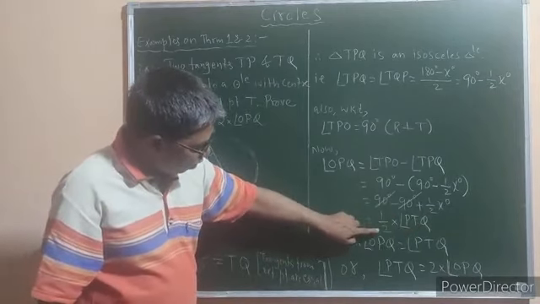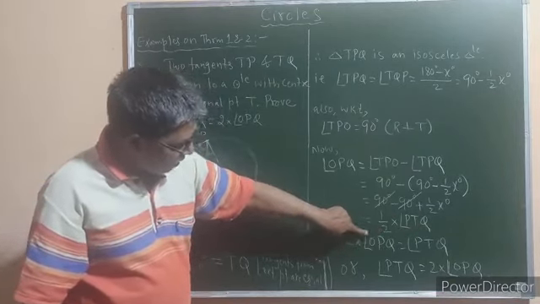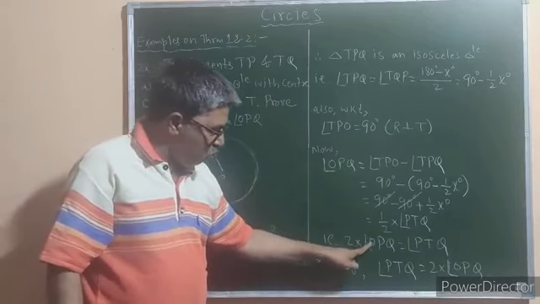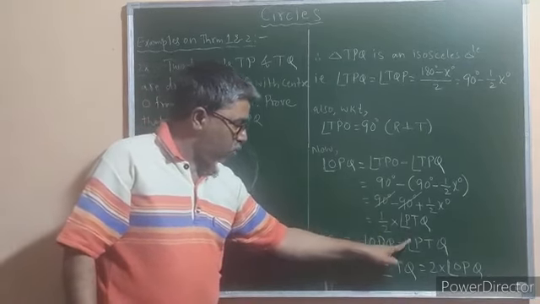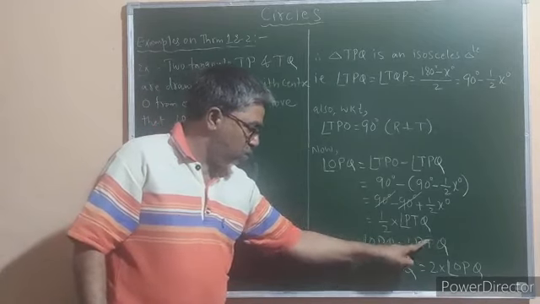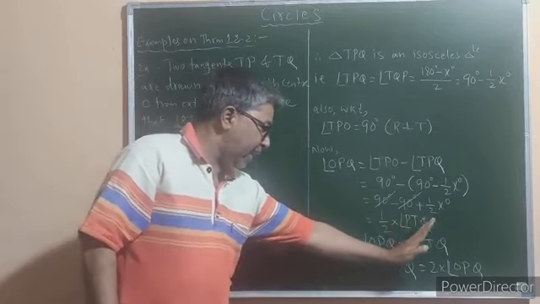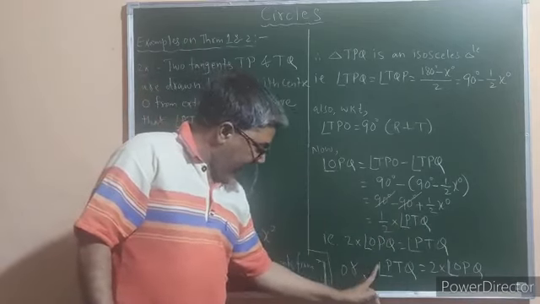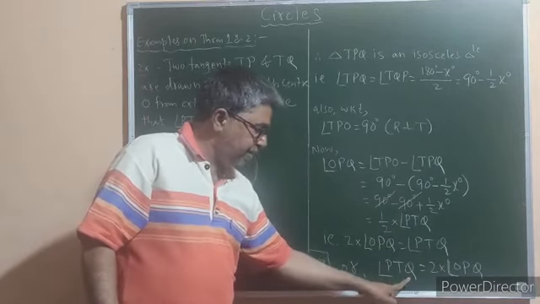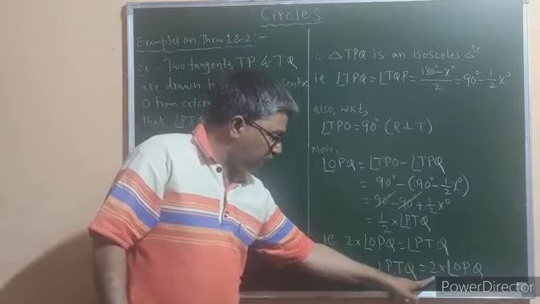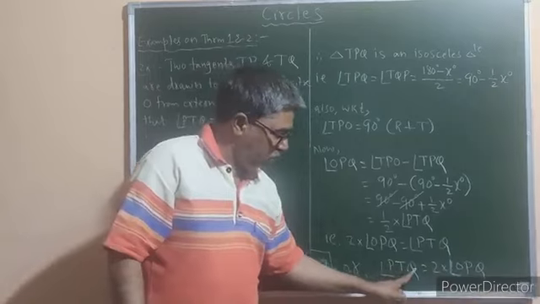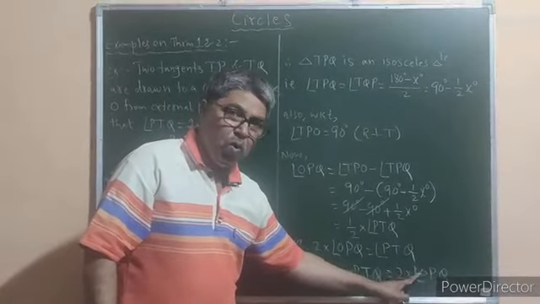So 1 upon 2, if you bring this 2 to the left side, you get 2 into angle OPQ is equal to angle PTQ, or angle PTQ is nothing but twice of angle OPQ. So angle PTQ is equal to 2 into angle OPQ.